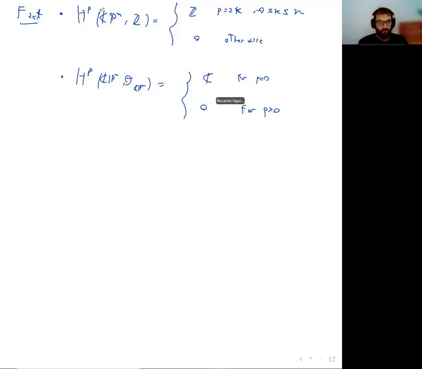Well, this one, here you use the fact, which again we didn't prove, that this sheaf cohomology with respect to the sheaf of locally constant functions, which are integers, is the same as the singular cohomology, which you told me you know.